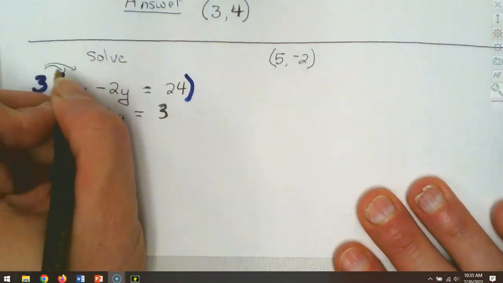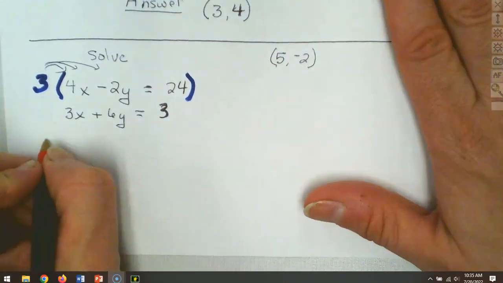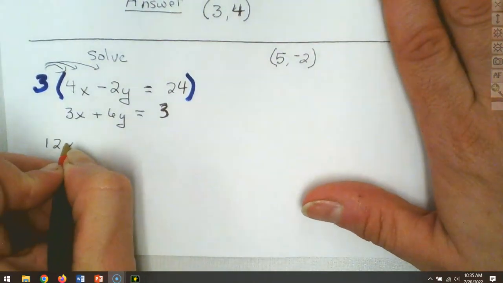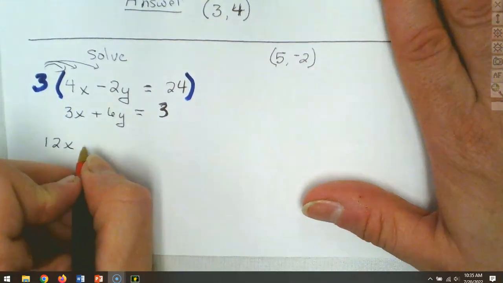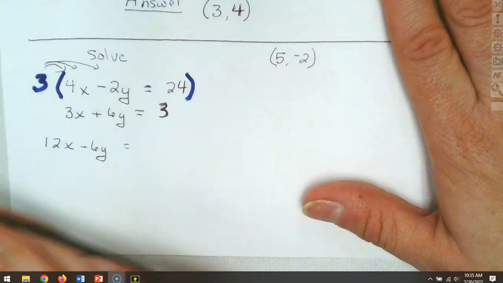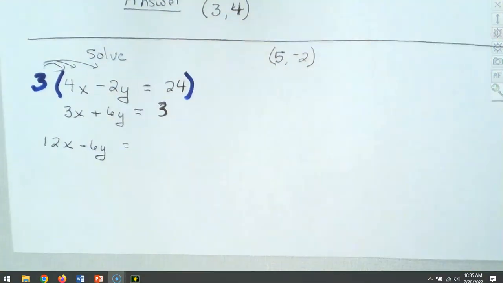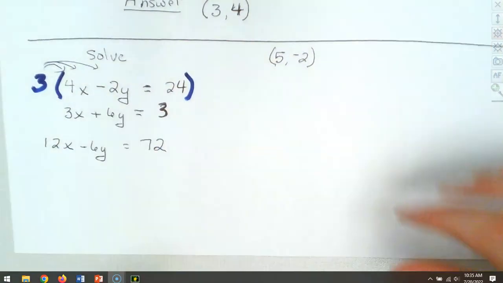We're going to solve it by distributing that 3 through, and that gives us 4 times 3, which is a 12x, 3 times a negative 2y, that makes it a minus 6y, 3 times 24 gives us now a 72.